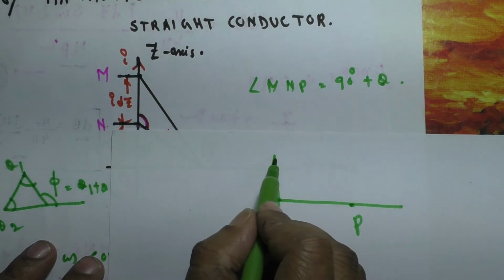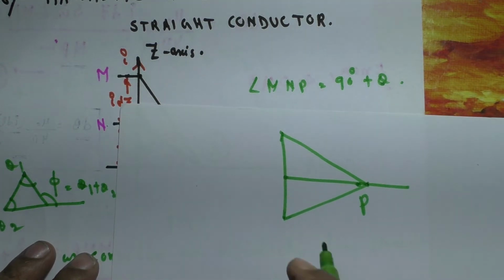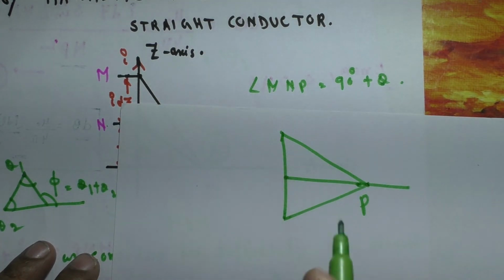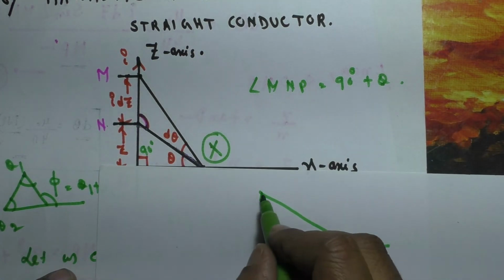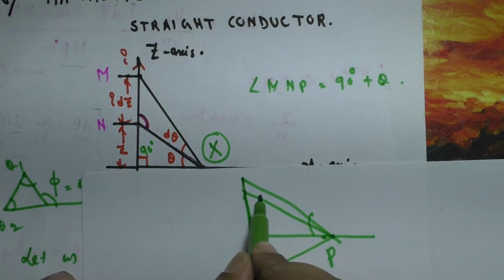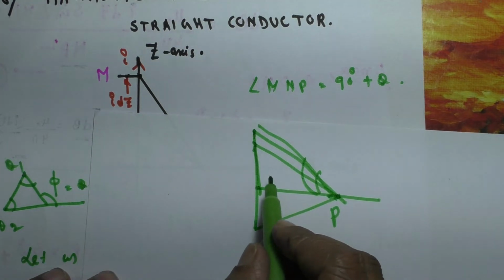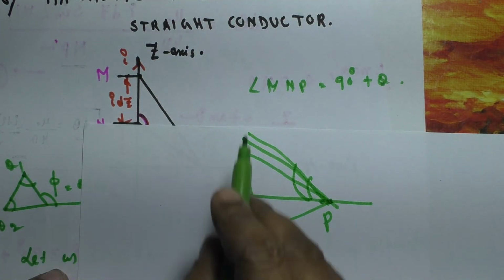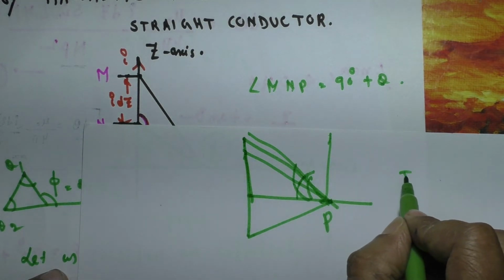Here the point P. If the conductor is infinitely long, then if this line increases, then the angle will increase. And if the line is so long, infinitely long, then the angle is maximum pi by 2.